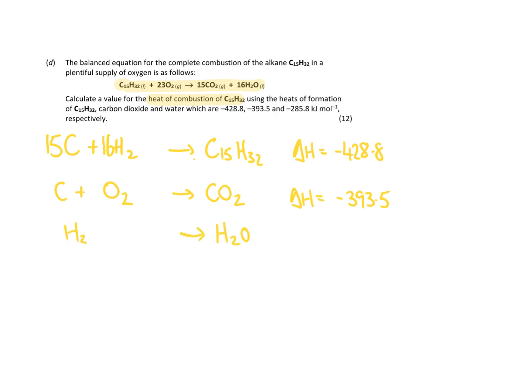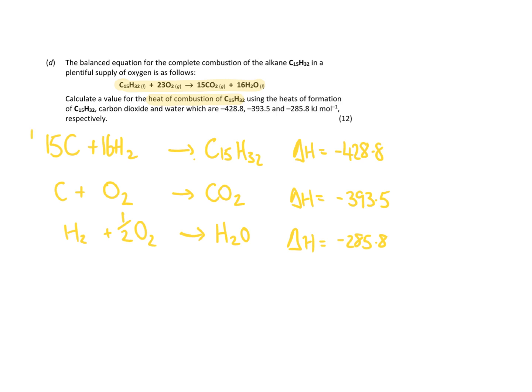Well, you react hydrogen with oxygen. And as explained in the last slide, in order to balance this, it must be a half O2 here, because heat of formation involves the production of 1 mole of your product in its standard state. We're also told that our delta H value for this equation is minus 285.8.